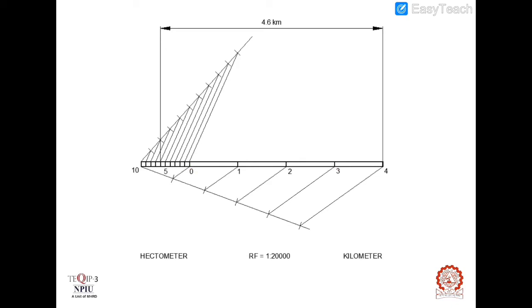And the letters you are writing, any letter, numerical or alphabet, you have to write by HB pencil. Okay. 0, 1, 2, 3, 4, 5 and 10. This will be with HB pencil. Hectometer, RF and kilometer, this will be by HB pencil. This 4.6 kilometer is also by HB pencil.